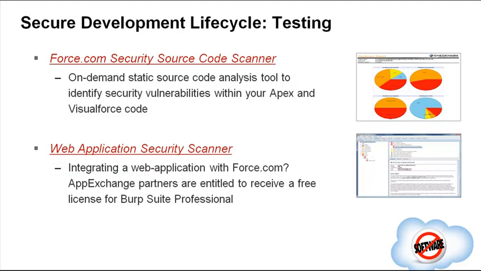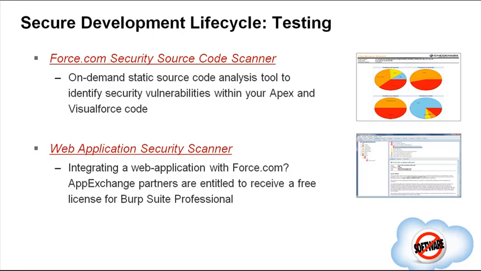We have a number of resources available for you when you're in your final testing stages. First of all, in partnership with Checkmarx, we have developed a static source code analysis tool that will help you identify vulnerabilities within your Apex and Visualforce code. This is extremely easy to use, and we'll be taking a look at it. All you have to do is provide your username, and in the background we run a source code analysis and provide you a report in an email.